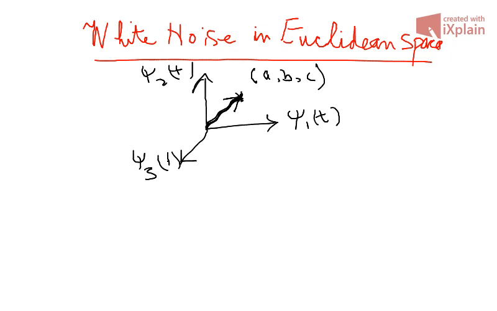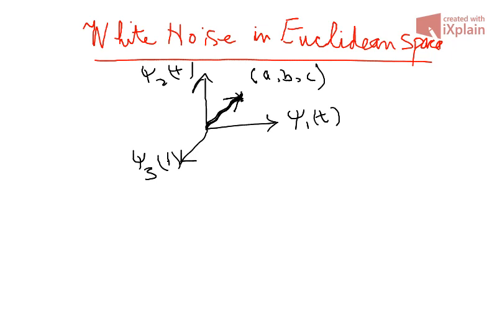Here the x-axis is represented by psi 1 of t, because we already mentioned that if we have three orthogonal signals, psi 1, psi 2, and psi 3, we can construct a three-dimensional Euclidean space, and we can represent our signals in this three-dimensional Euclidean space.